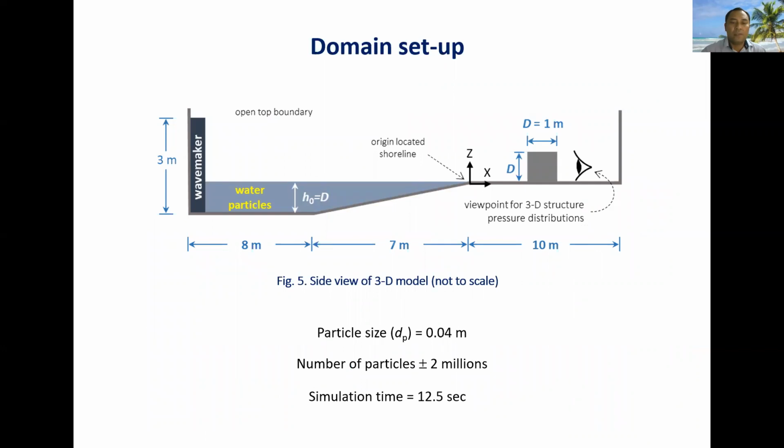Figure 5 shows the side view of the boundary model in the form of water tank that is used in this present study. It consists of offshore part with water particle and onshore part where the structure is located.